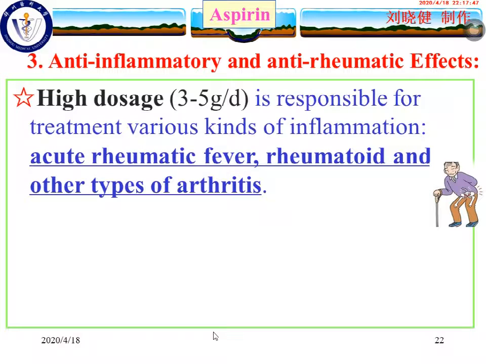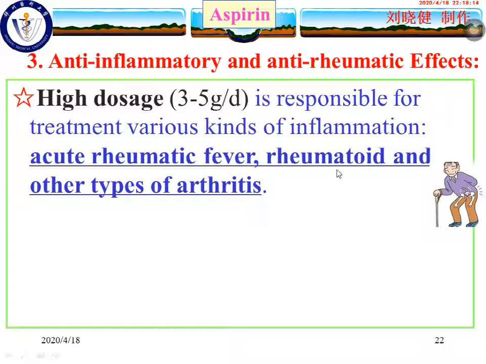When we use aspirin in high dose, its anti-inflammatory and anti-rheumatic effects are more obvious. High-dose aspirin is used for the treatment of various kinds of inflammation, like acute rheumatic fever, rheumatoid and other types of arthritis.